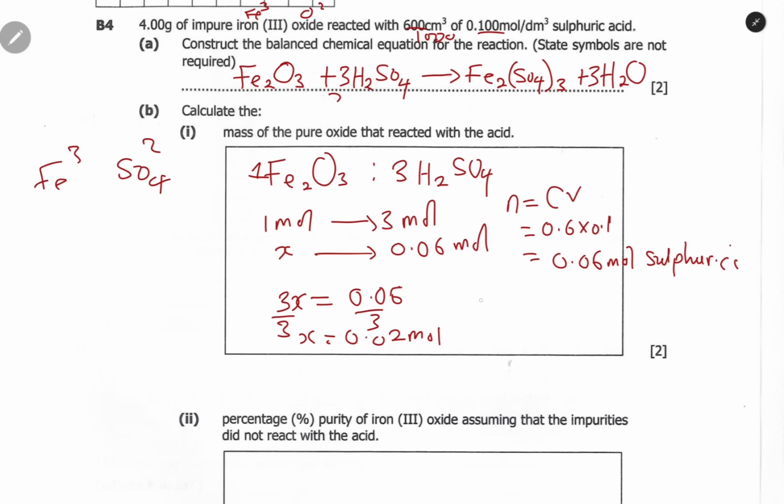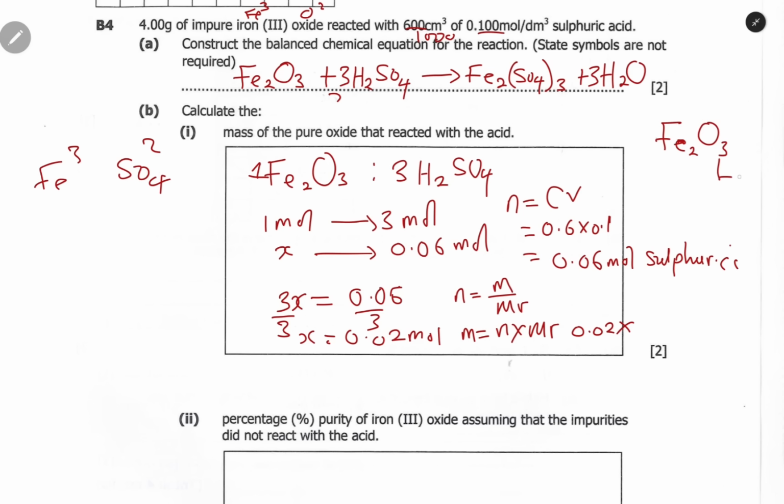Now that we have the moles, we can go on and find its mass. Number of moles is equal to given mass over molar mass. So mass is equal to number of moles multiplied by molar mass. Here, number of moles of iron oxide is 0.02, multiplied by the molar mass. What is the molar mass of the oxide?